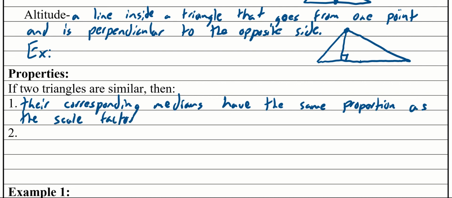So one thing that I know is that if two triangles are similar, then whatever scale factor I've found for those, it's going to have the same proportion as if I set one median, or one corresponding median, I should say, over the other. Okay?